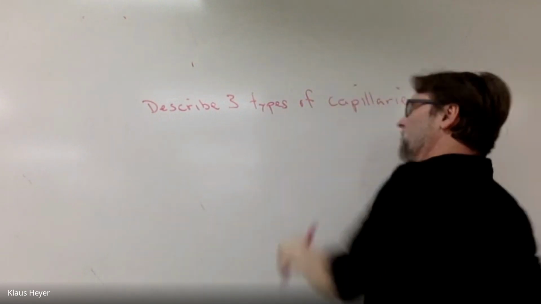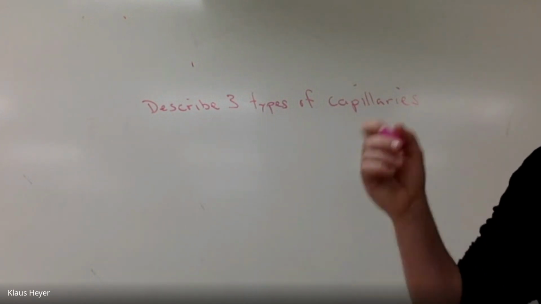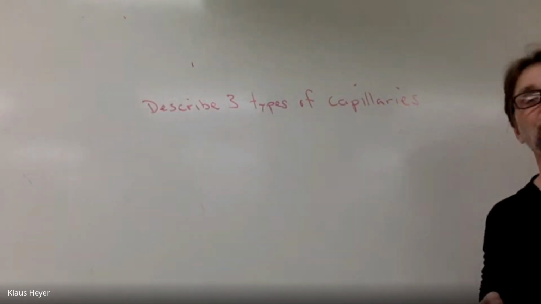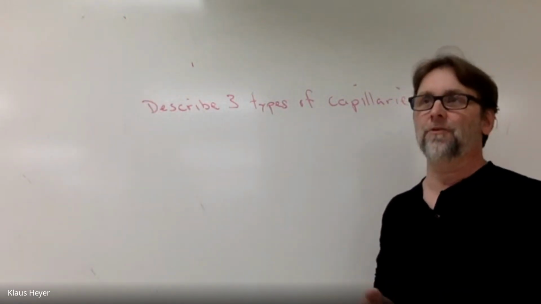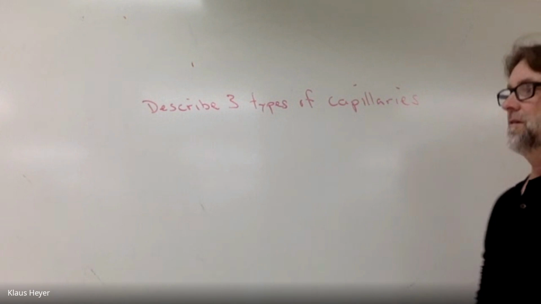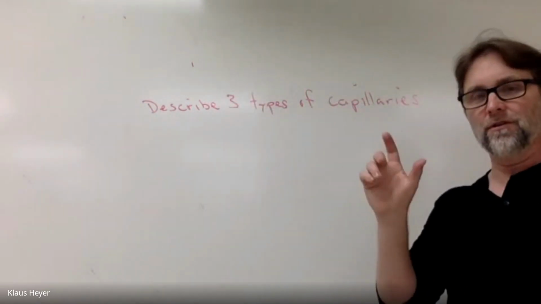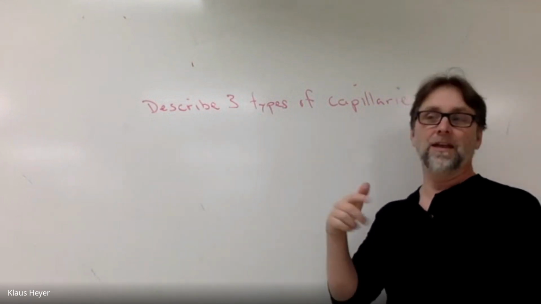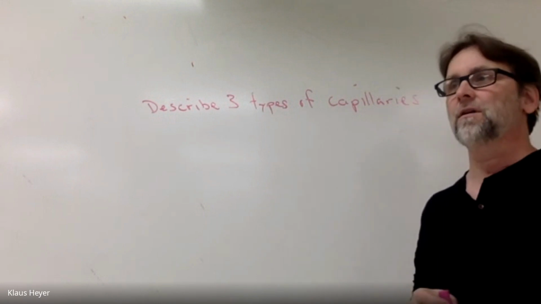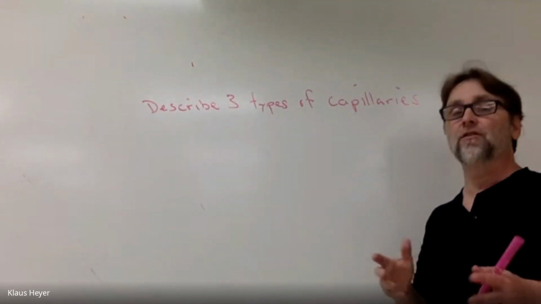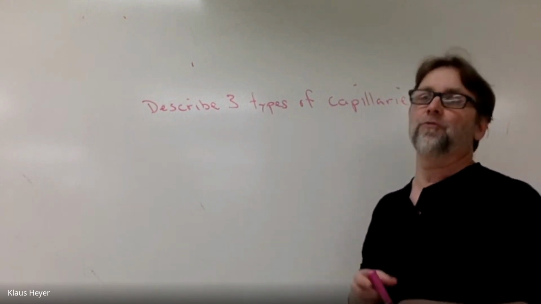There are 3 types of capillaries that we talked about: continuous, fenestrated, sinusoidal. I'd like for you to just briefly say what those are. Like, what's the difference between a fenestrated capillary and a sinusoidal capillary? It all had to do with the intercellular clefts, and in the case of the fenestrated, they had these pores on them, fenestrations, and sinusoid just had even larger clefts and larger fenestrations.